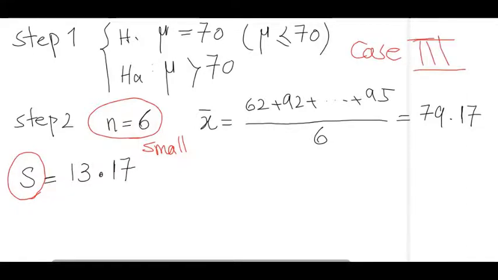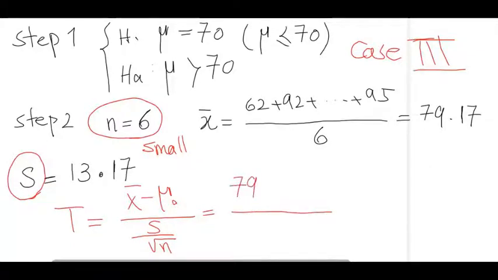In case 3, the test statistics is T equal to x bar minus mu 0 divided by S divided by a square root of n. X bar is 79.70 minus mu 0 is 70.